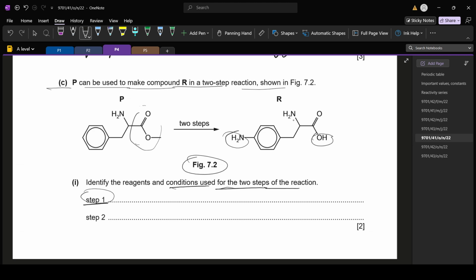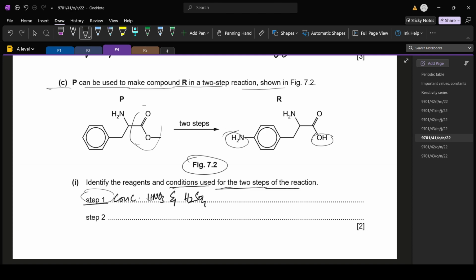So you hydrolyze an ester by concentrated sulfuric acid. So concentrated nitric acid and concentrated H2SO4.